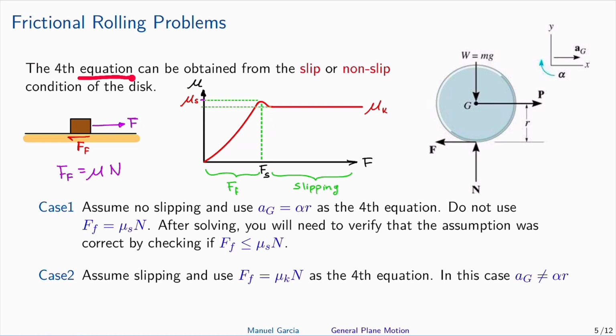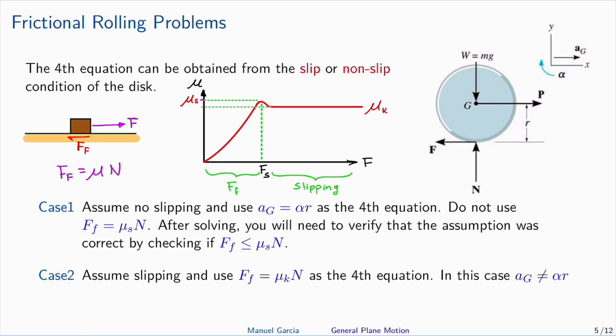The fourth equation can be obtained from the slip or non-slip condition of the disk. Now let's remember a little bit about the friction factor. Assume that we have a block and we are applying a force F, and it's initially static, and we start to increase the force. So there is a friction force that goes in the opposite direction.